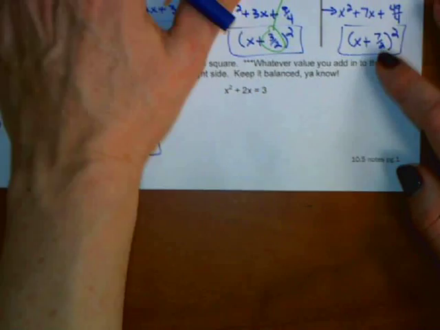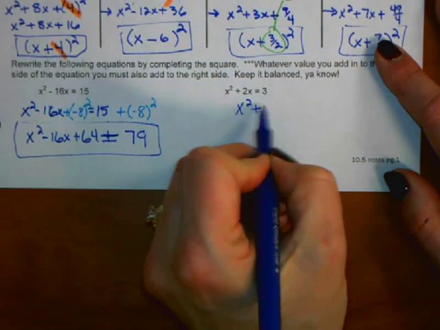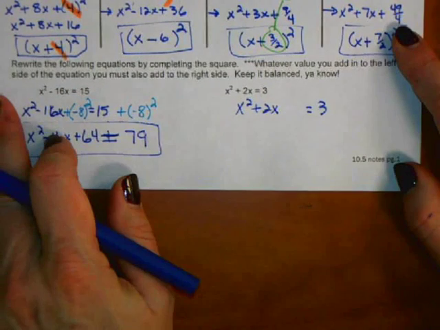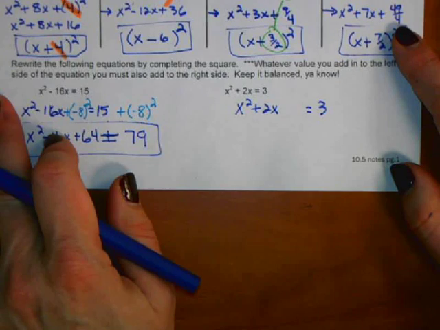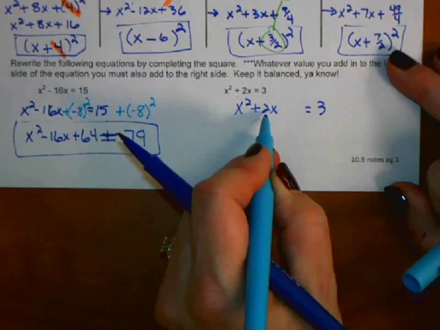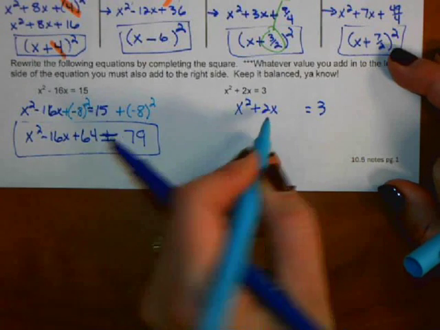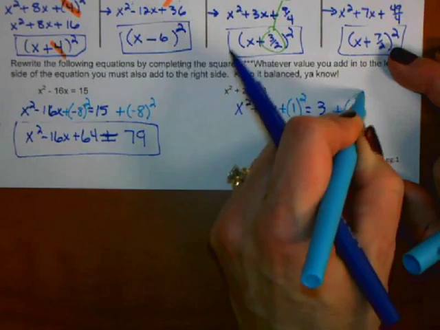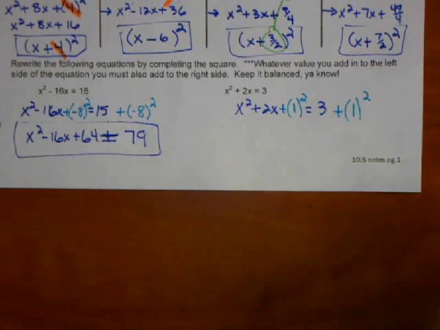Okay? So this one here also, let's do this one. First I'm going to make room. Equals 3. I'm making room. I'm going to add in my new c, which is half of 2 plus 1 squared plus 1 squared. You got to add it to both sides.